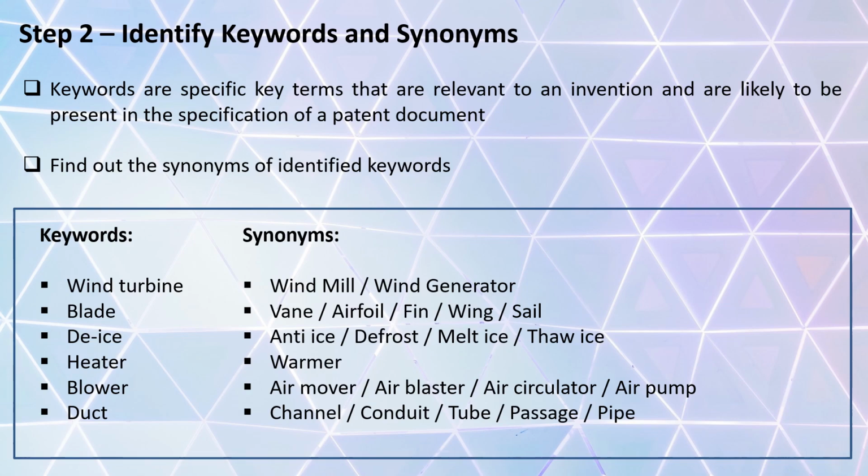Now, understand why synonyms are required. So I'll tell you the basis for it. Basically what we are doing here is finding patent documents which describe the invention for which we are conducting the search. Patent documents are basically written by patent attorneys or patent agents.